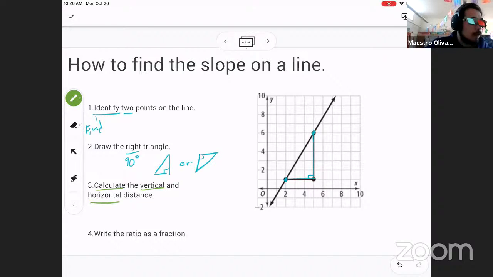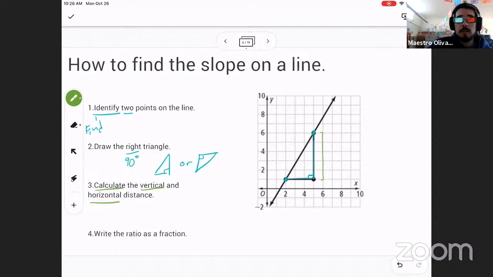Let's see here. Jenny, can you please help me calculate the distance right here? The vertical distance, the green one?